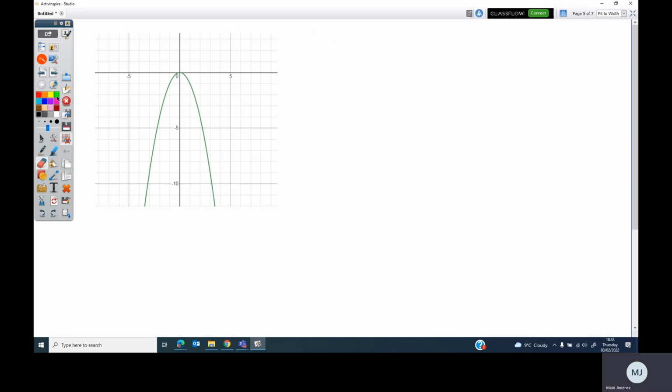This green graph is the same quadratic but upside down. So the equation for this one, instead of y equals x squared, we put a negative in front. So that graph has been reflected in the x-axis.